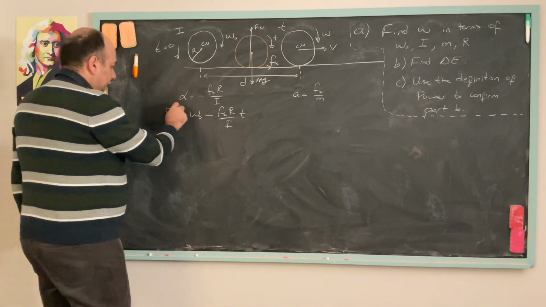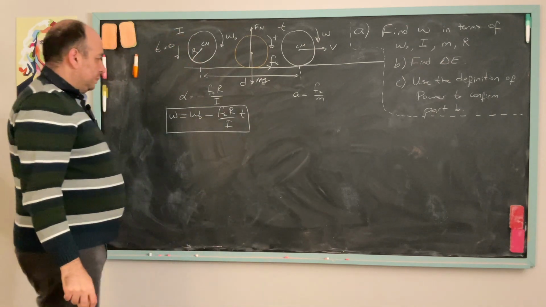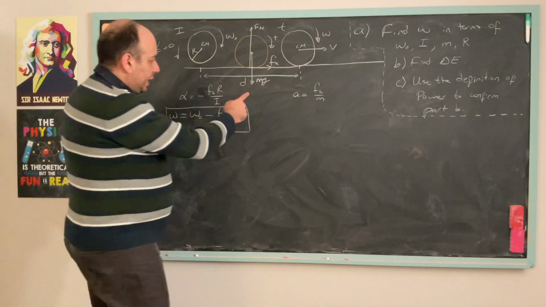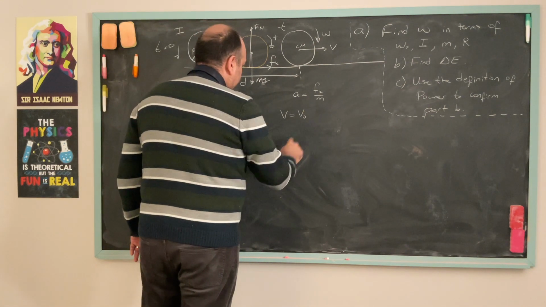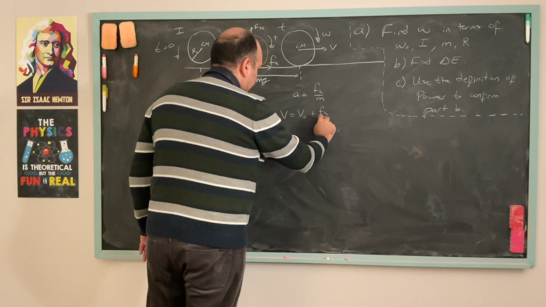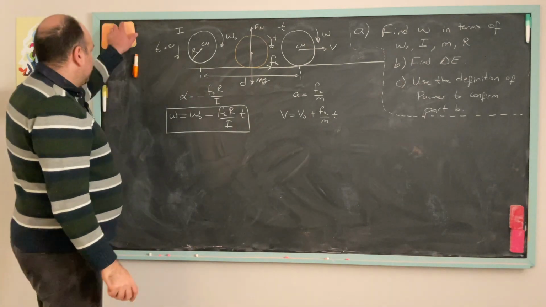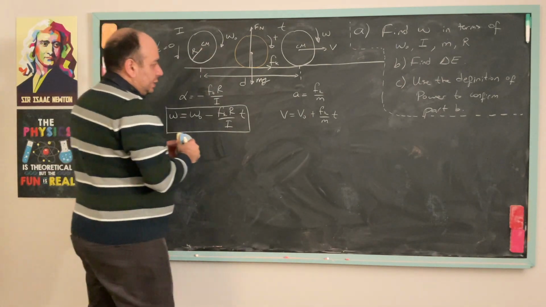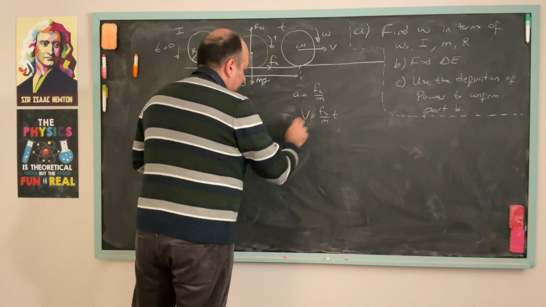This is how I can write omega as a function of time. And for a, I can write v is equal to v naught plus F_k over m times t. However, the initial center of mass velocity is 0, so v is simply equal to that.